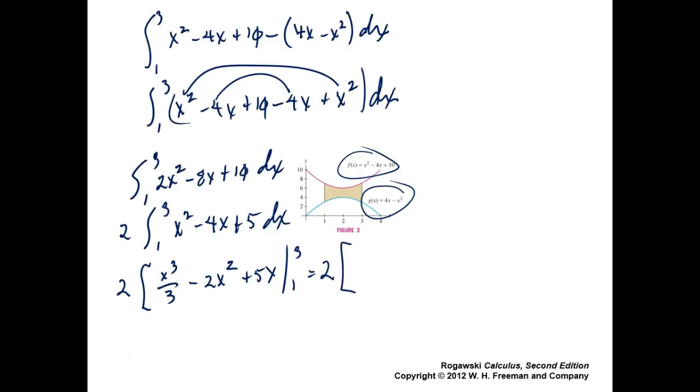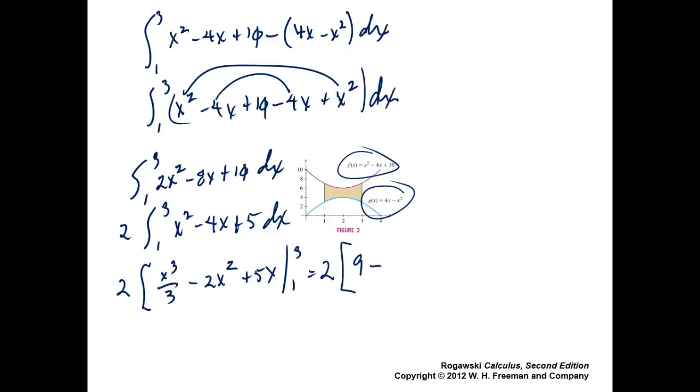Say again? Nine. Okay, yeah. Plug in a 3. 3 cubed is 27. Divided by 3 is 9. Next. Minus, what'd you say? 12.